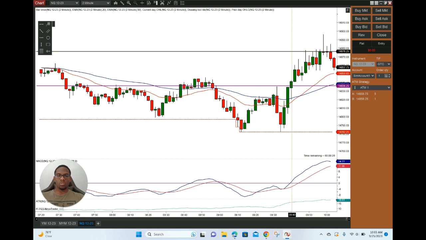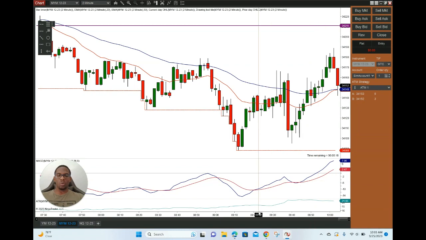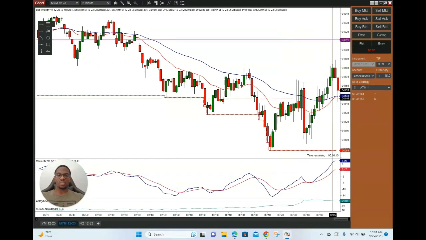It came up to this previous close, dropped, and my thought is it's probably going to either come back and bounce up or it's going to come all the way down here. And everything has been dropping lately, so I wouldn't be surprised. Look, the 20 hasn't even crossed the 50 here, and it came back dropping down, right? So let's see if it's gonna continue up or if it's gonna continue down.